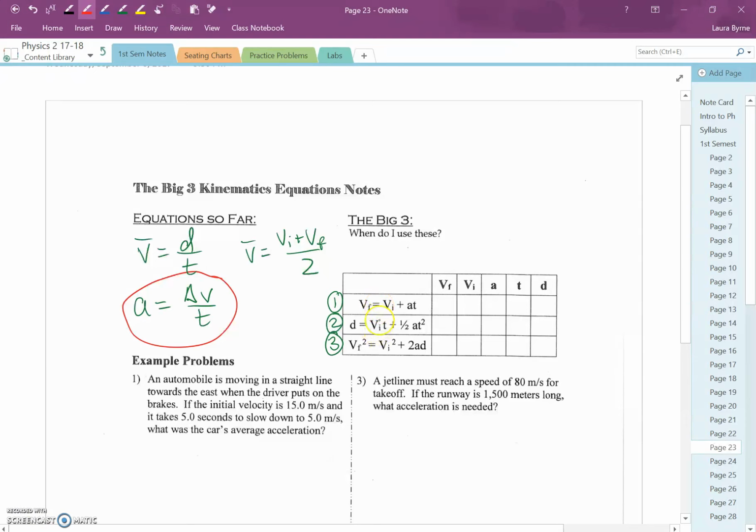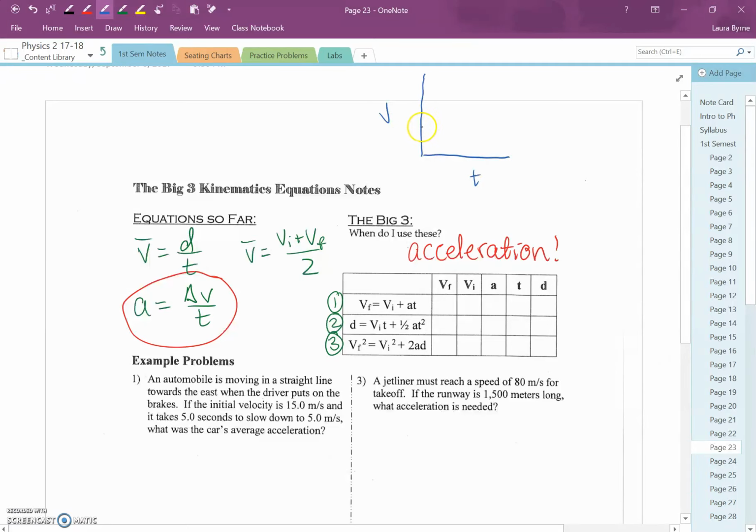Our second equation of the big three is one that is intimately tied to this idea of acceleration. And all of these equations you would use in scenarios that involve acceleration. So if we look at these motion graphs, which we've been looking at for a few days, and we think about a velocity versus time motion graph.